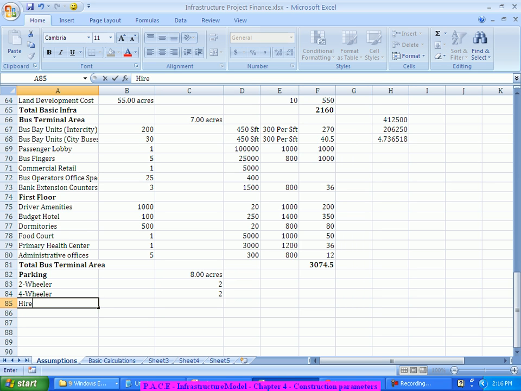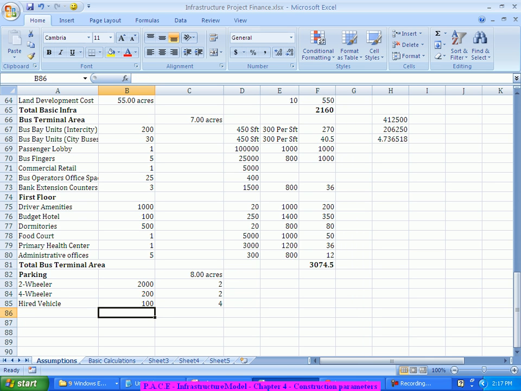So probably from these also you can generate some kind of revenues. Hired vehicle parking you are building in an area of 4 acres. You expect that the four-wheeler parking can accommodate 200 cars, 2000 two-wheelers, and 100 hired vehicles, cars, buses, taxis, autos, whatever it is.